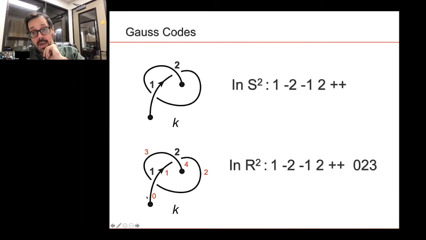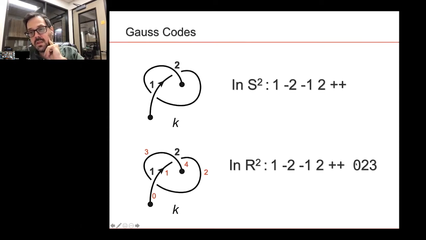For the plane, we need to add a bit more information. So apart from the crossings, we annotate also the arcs of the diagram. So we have the arcs 0, 1, 2, 3, and 4, and we have to annotate which arcs touch the outer region of the diagram, and that's it.